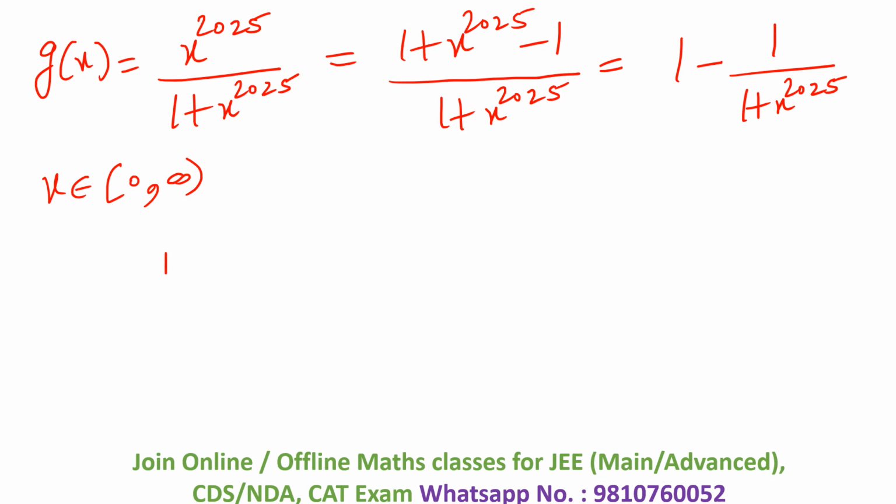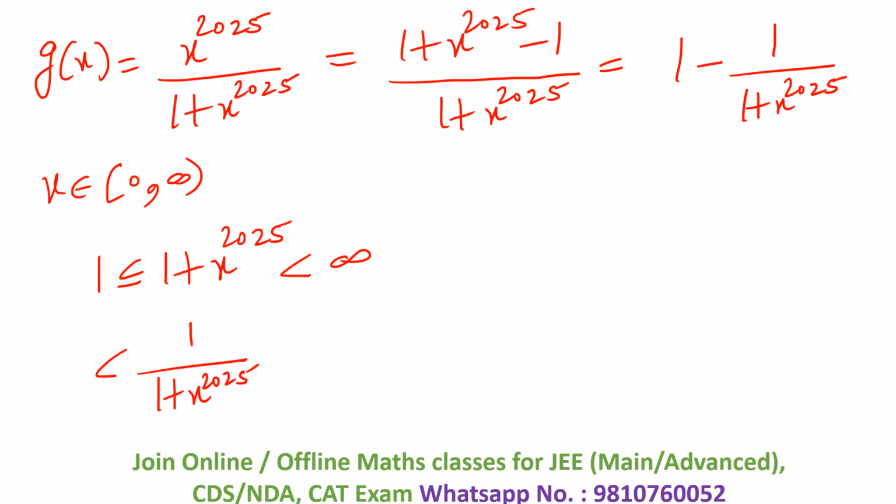So I can say 1 plus x to the power 2025 will be greater than or equal to 1 but less than infinity. So if I take the reciprocal of this quantity, it becomes greater than 0 but less than or equal to 1. Now just multiply this inequality throughout by minus 1. So I will be getting minus 1 upon 1 plus x to the power 2025 greater than or equal to minus 1 but less than 0.